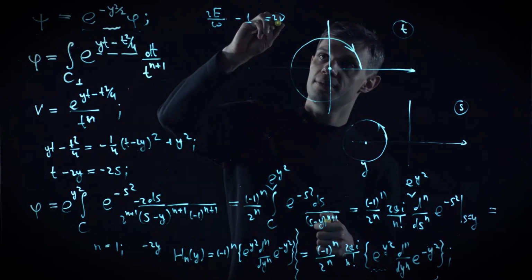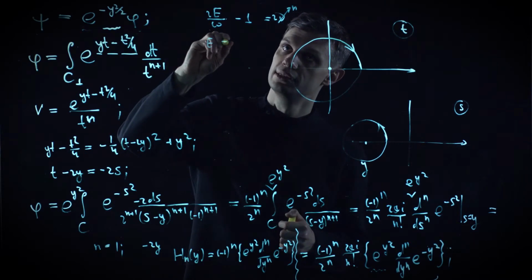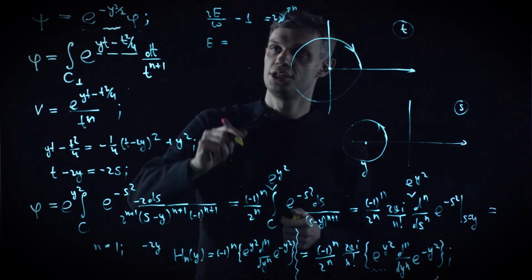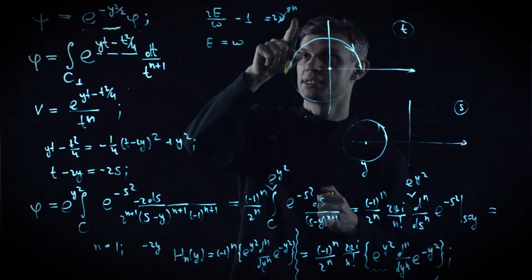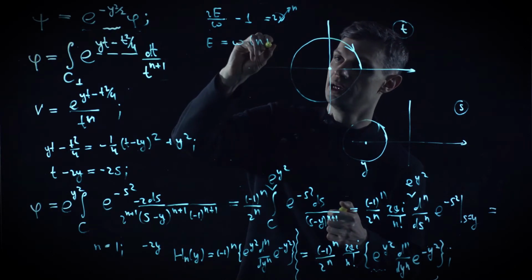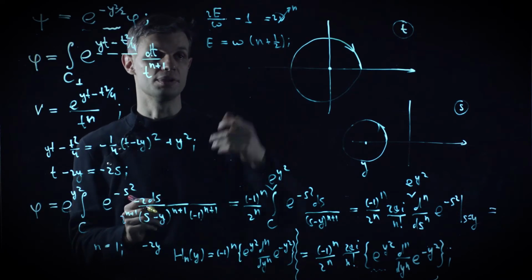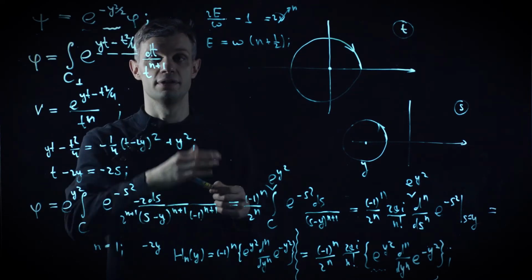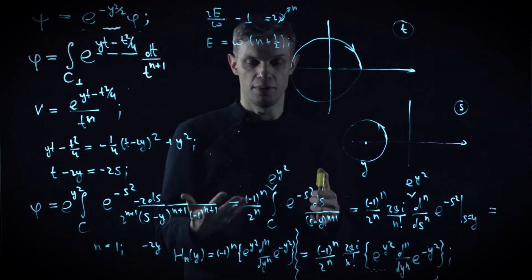So now nu became an integer, and as a result, our energy has become omega times (2n plus 1) divided by 2, so it's n plus 1/2. Everyone obviously recognizes the quantization of the energy levels of the harmonic oscillator. So this is how the whole procedure worked.